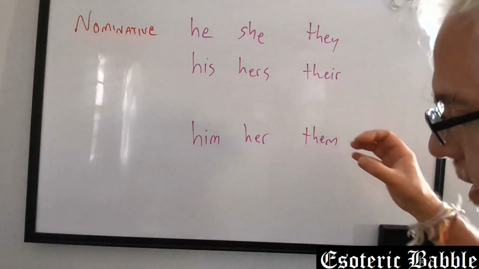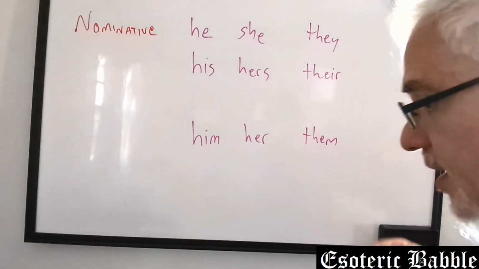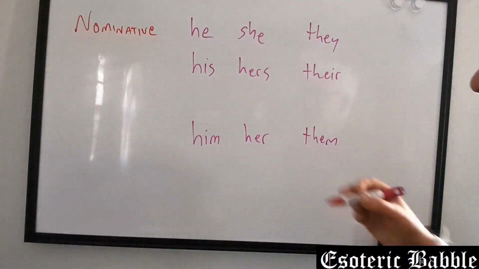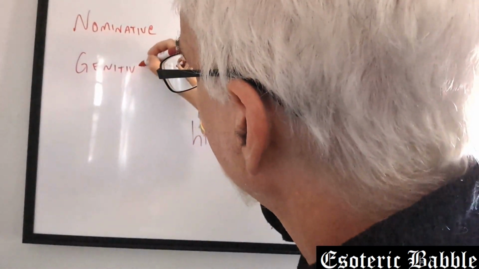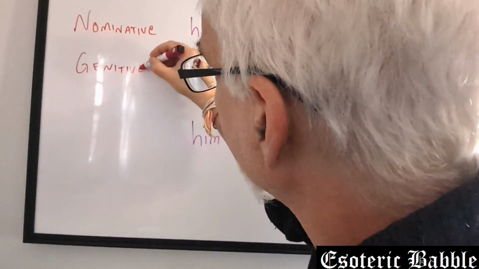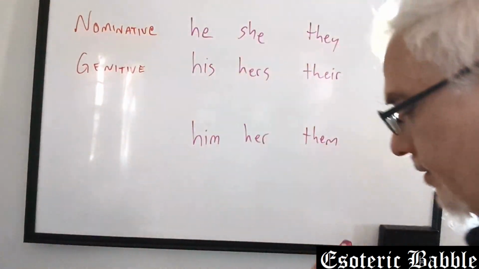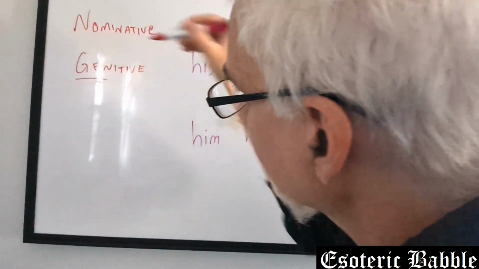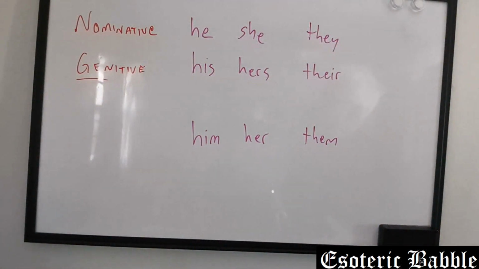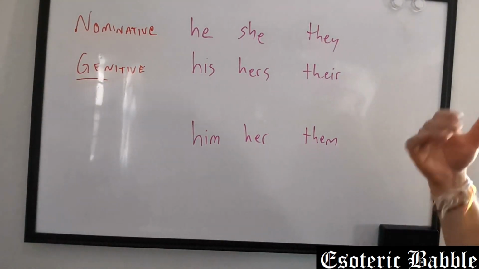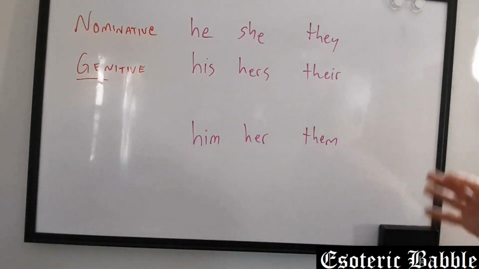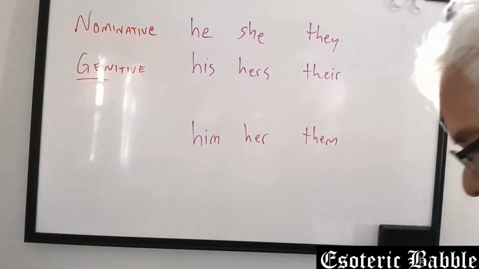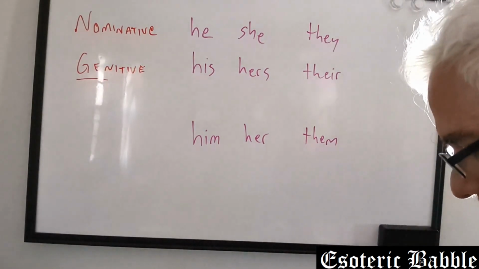And when a word is in this form in ancient Greek, it is said to be in the genitive case. Genitive, coming from like the word generate. If you think about if you generated or produced something, it might be yours. So that might help you remember that this is the case of possession. It's not the only use it has, but that's it.